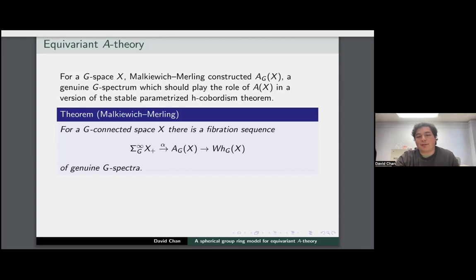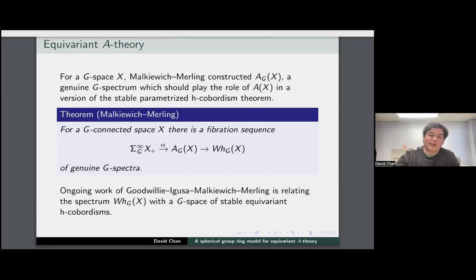But now instead of having a splitting, we have a fibration sequence. Of course, if you wanted to get a splitting, you wanted A_G(X) to be the product of these two things, then you should show that one of these maps splits. And the other content, which is very important, is that you want to identify the Whitehead spectrum of X with something that tells you about stable h-cobordisms. And this latter bit is ongoing work of Tom Goodwillie, Malkiewich, and Mona Merling. Okay.